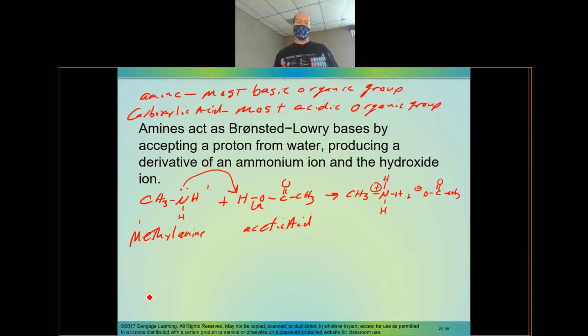And now we know from Gen Chem 1, NH3 is ammonia, but NH4 plus was one of the memorized polyatomic ions. That is ammonium. When you have a positive nitrogen, you have an ammonium. Now this ammonium has a methyl on it, so this one is methyl ammonium.